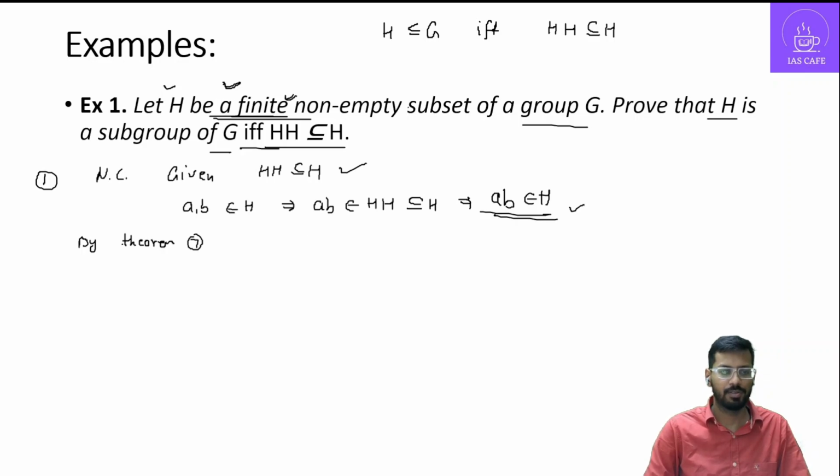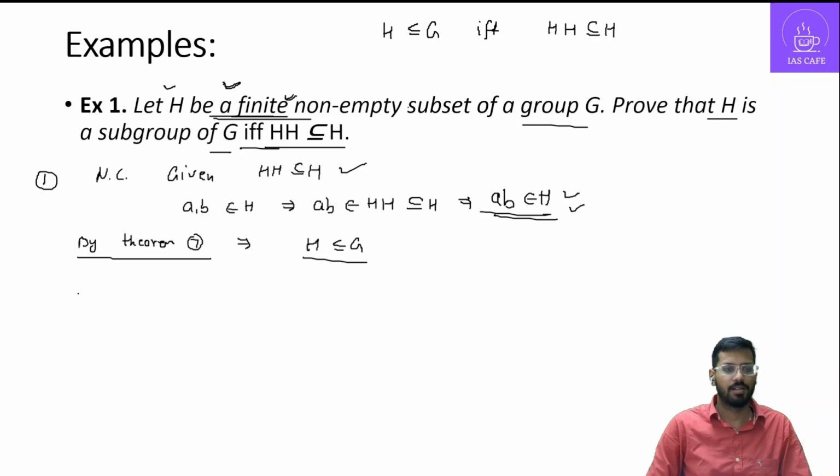So by the seventh theorem, if the closure property is satisfied in a given subset H, then we can say that this H is a subgroup of G. Okay, this is the necessary part. Now second is the sufficient condition that we will prove.